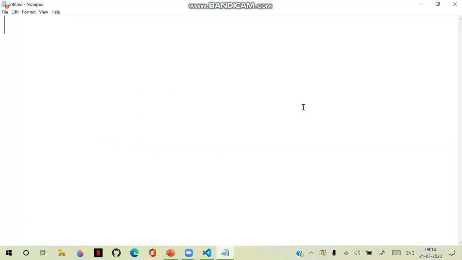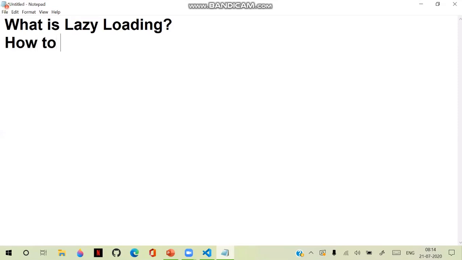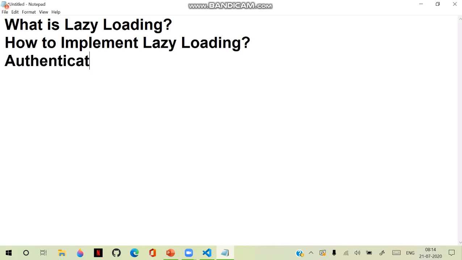Today we will see what lazy loading is and how to implement lazy loading, and we will learn about authentication, how we can handle authentication in Angular.